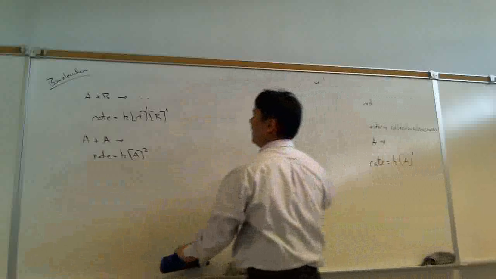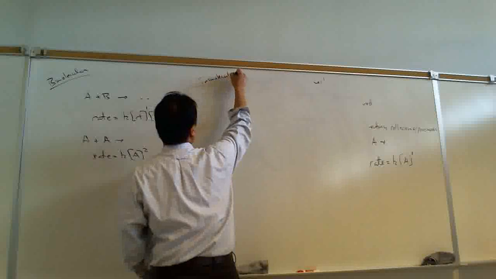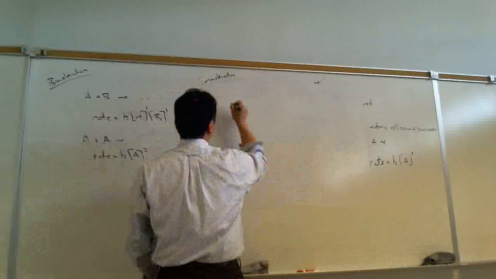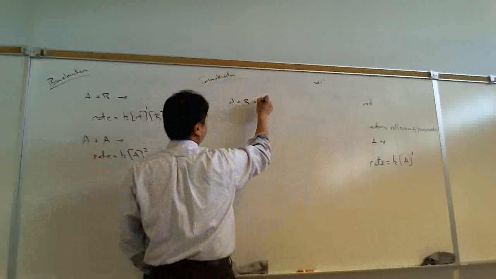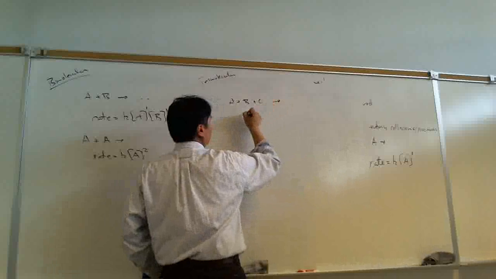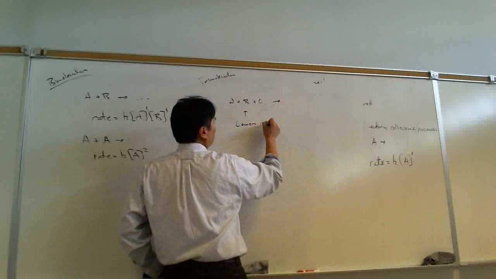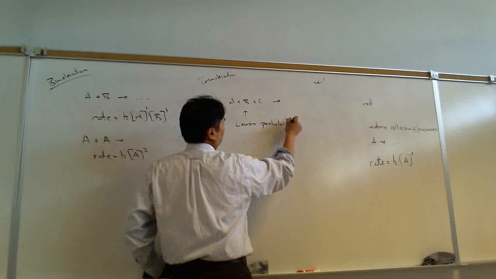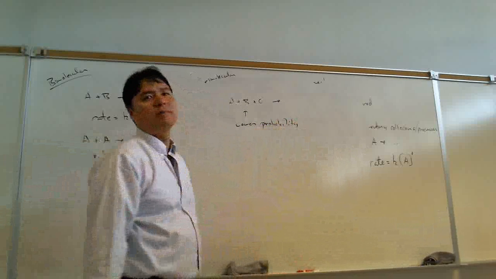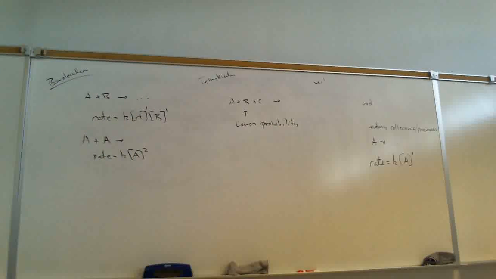And then we have like a trimolecular. Which would be A plus B plus C. Something like this has a much lower probability than a bimolecular or a unimolecular, because it has to be coordinated so that these three molecules collide at the exact same time.